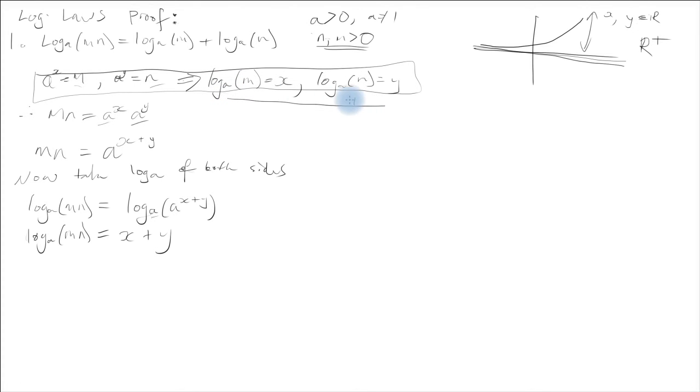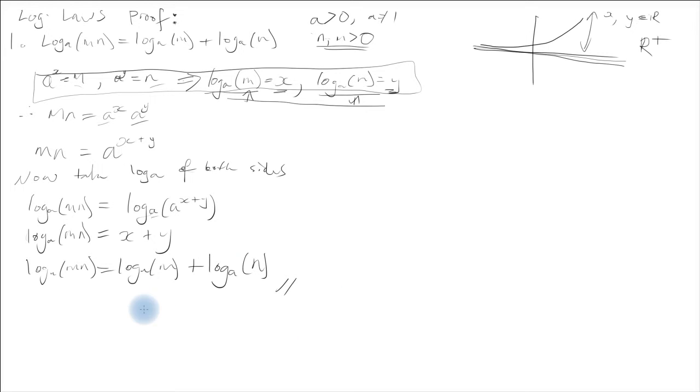Instead of writing x, I'm going to write this, and instead of writing y, I'm going to write this. So log to the base a of mn equals, instead of x, log a m, and instead of y, plus log a n. There we go, proof complete.